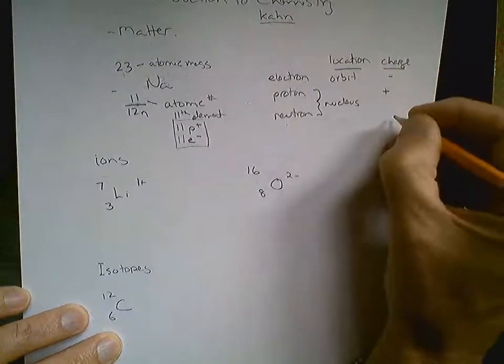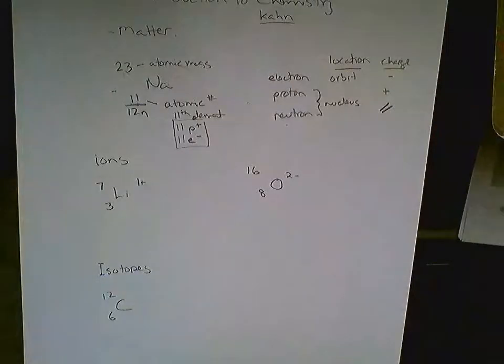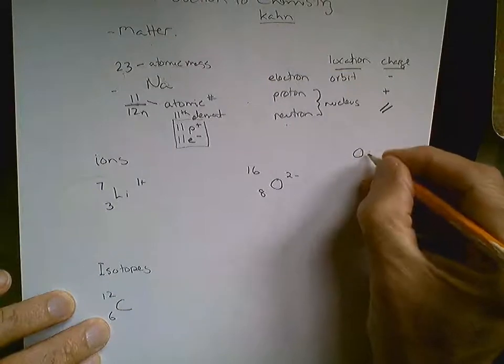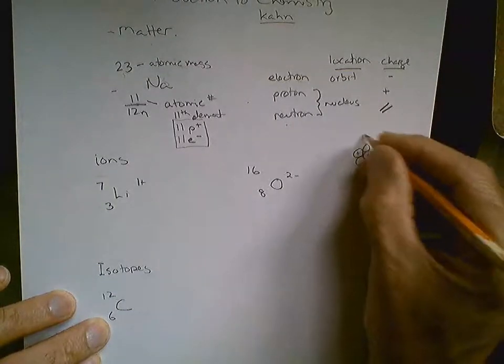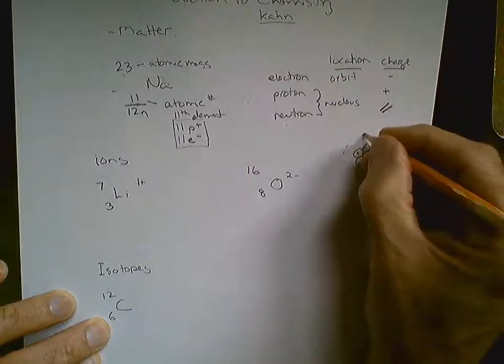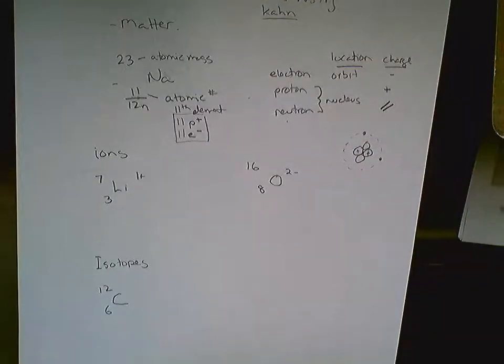The proton has a positive charge, and the neutron is neutral and does not have a charge at all. If we were to draw a cartoon figure of an atom, there are the protons and neutrons, and then the electrons are in orbits outside of them.